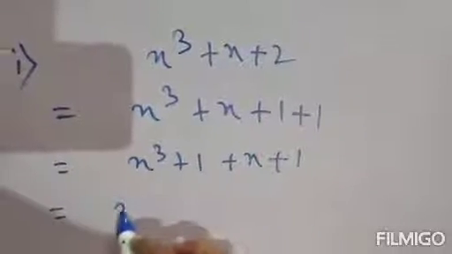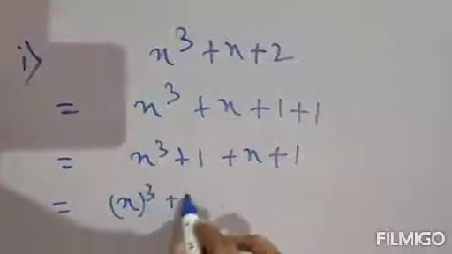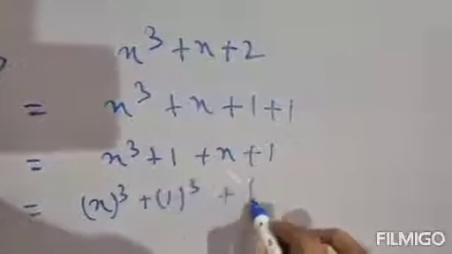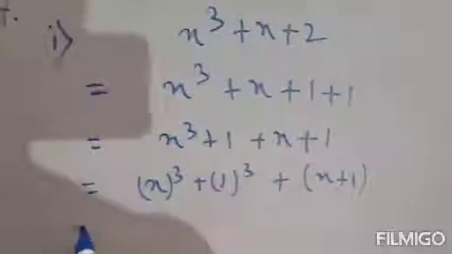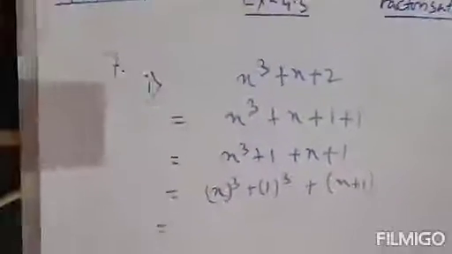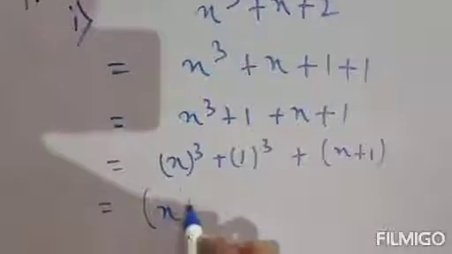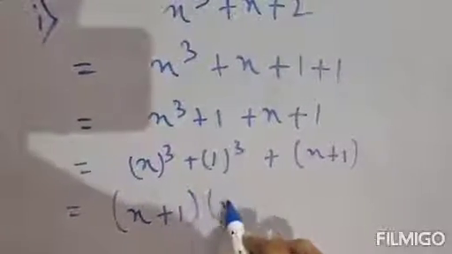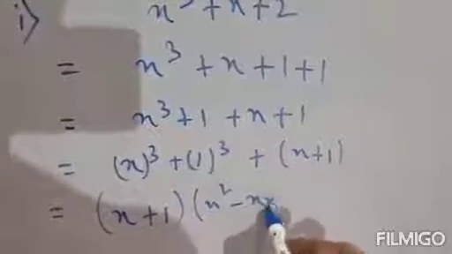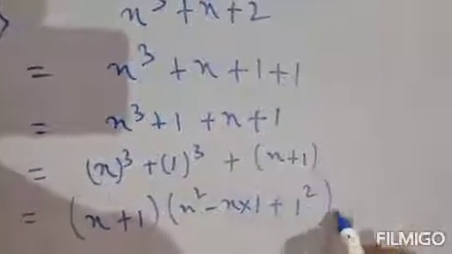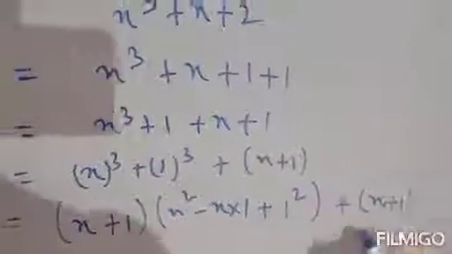So this is the formula, because you can write it like this: x to the power 3 plus 1 to the power 3 plus x plus 1, that is a to the power 3 plus b to the power 3. A is x, b is 1. That means the a to the power 3 plus b to the power 3 formula, (a plus b)(a square minus ab plus b square). Clear?